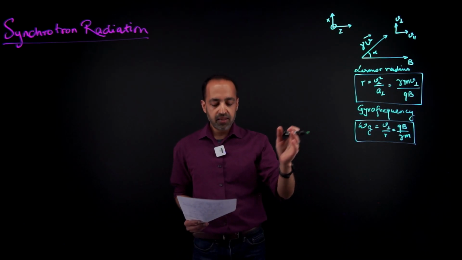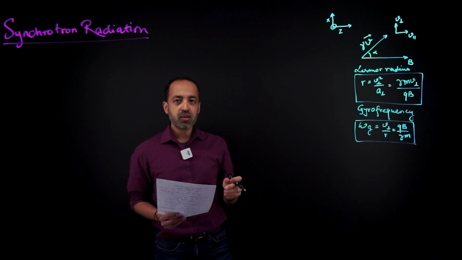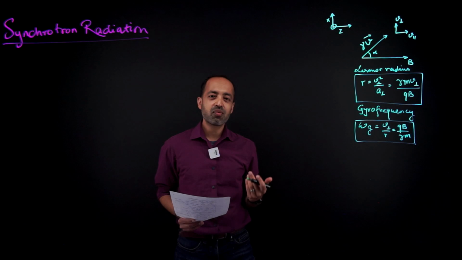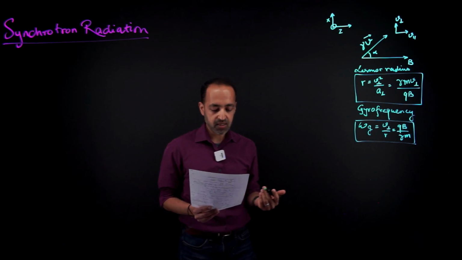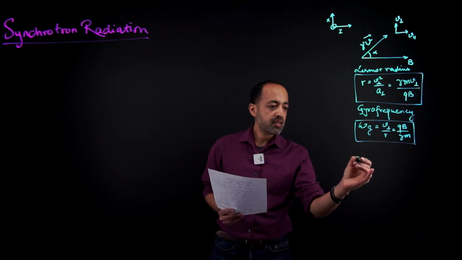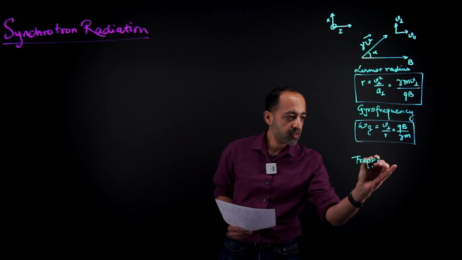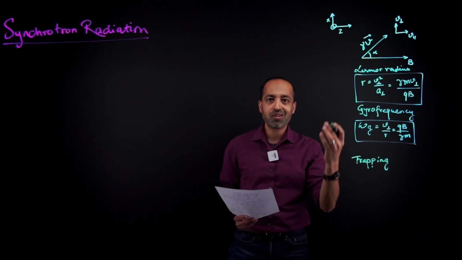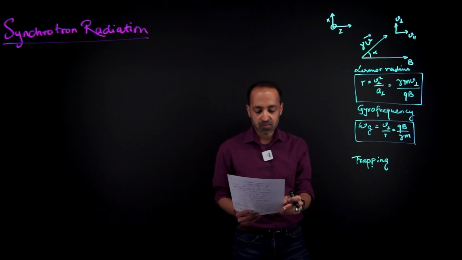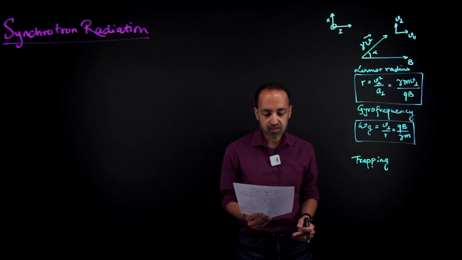So this radius r is actually an important concept for people who study cosmic ray astrophysics. And so let's just briefly discuss that. So that is this trapping radius for cosmic rays. Cosmic rays being high energy charged particles that are being produced in some energetic volume of space.